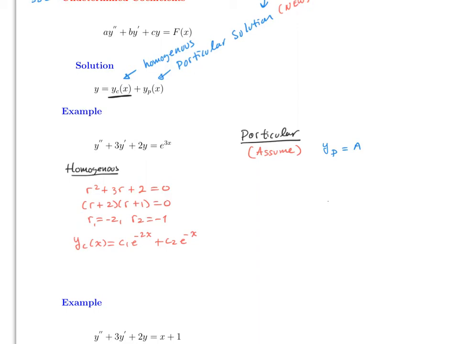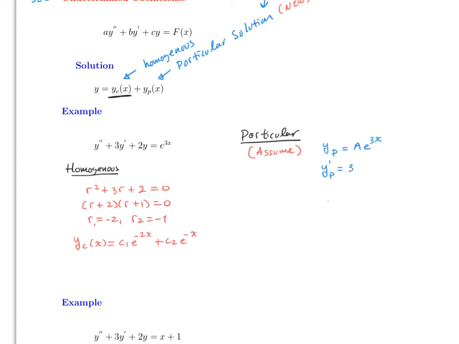It's going to be some constant a times e to the 3x, and we obviously pick e to the 3x because this one is e to the 3x. Then we just take derivatives, and this is the part where, depending on how this looks, this could be pretty annoying. It's not hard, but it will be annoying and tedious.